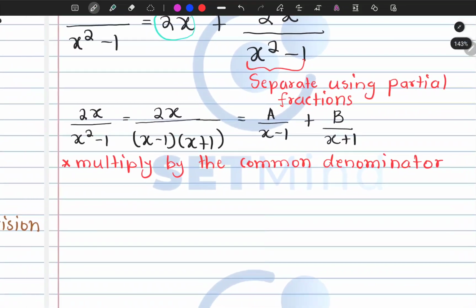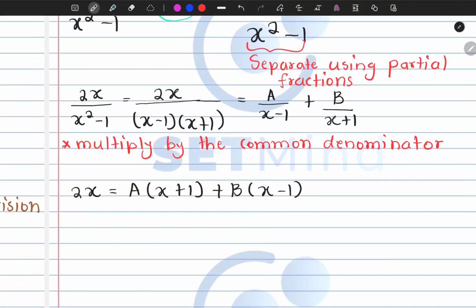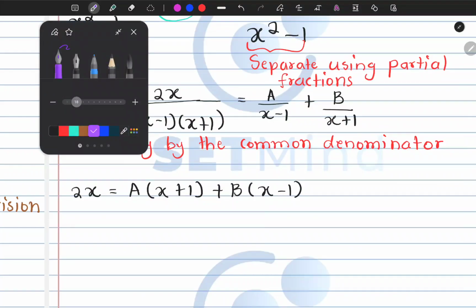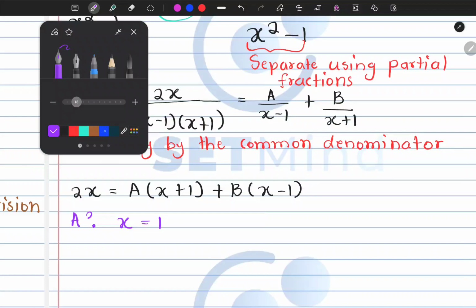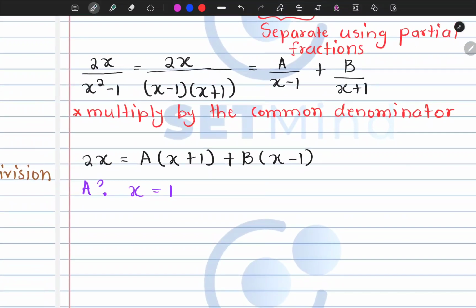The multiplication, you have done it several times, but when you multiply, you will see that you get 2x equals a multiplied by x plus 1 plus b into x minus 1. And if we're looking for a, it should be easy for you to see that all we need to do is set x equal to 1. When we set x equals 1, the b term will cancel.